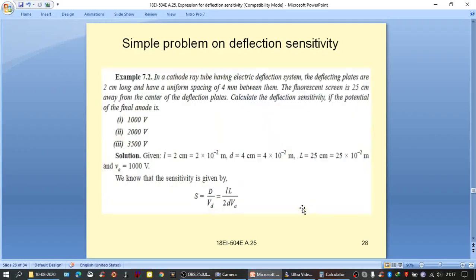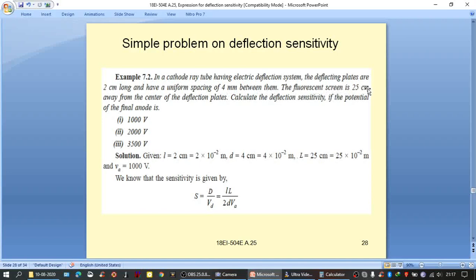This is the second example. In a cathode ray tube having an electric deflection system, the deflecting plates are 2 centimeters long, Ld is 2 centimeters, and have a uniform spacing of 4 millimeters between them, d is 4 millimeters.